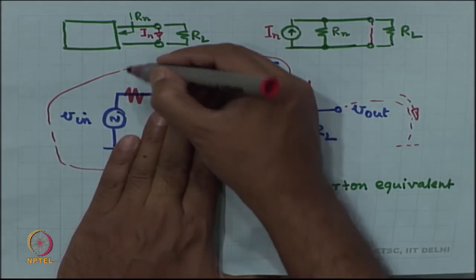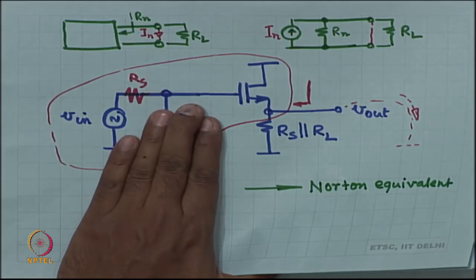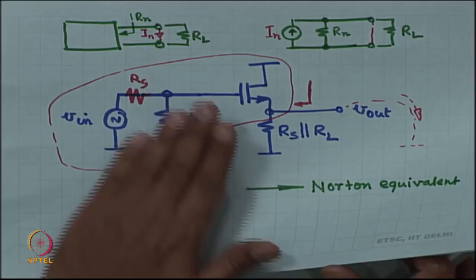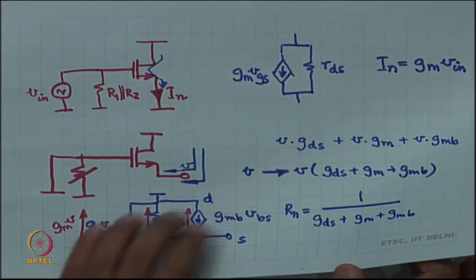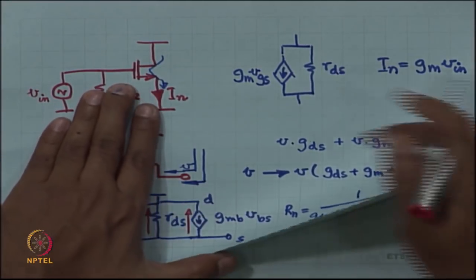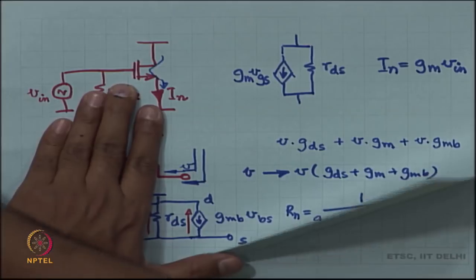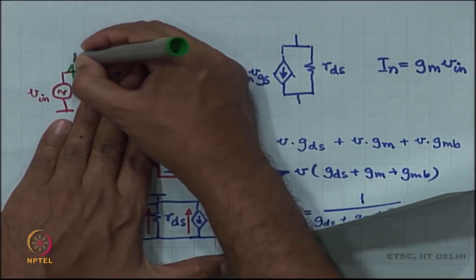This is your RS. What changes over here? Does the Norton equivalent current change? Does IN calculation change? Forget R1 parallel R2, right, imagine it is not there, and now I am saying add in, throw in an RS over here.